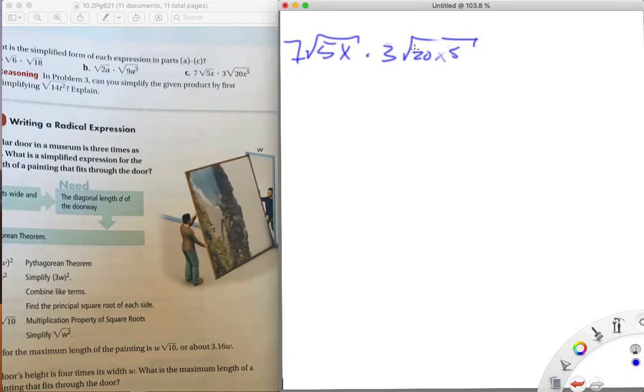I can pull out that 20. I can pull out a 4. So that's going to be 7 5x times 3. I could pull out the 4. Just going to do these separately. Actually, I don't need to at this one.